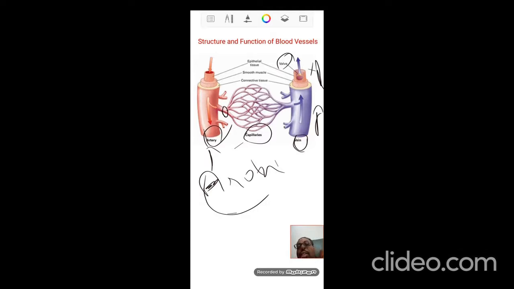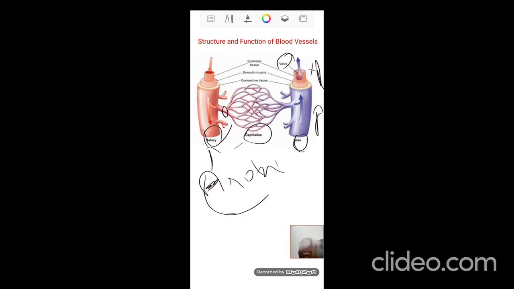That means arteries are the structures which carry blood away from the heart, and veins are the structures which carry blood towards the heart. And the arteries carry mainly oxygenated blood, and the veins carry mainly deoxygenated blood. One more thing you have to understand: whenever I say arteries carry oxygenated blood, it doesn't mean that it carries 100% oxygenated blood.